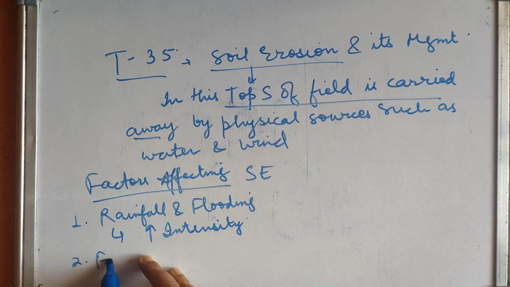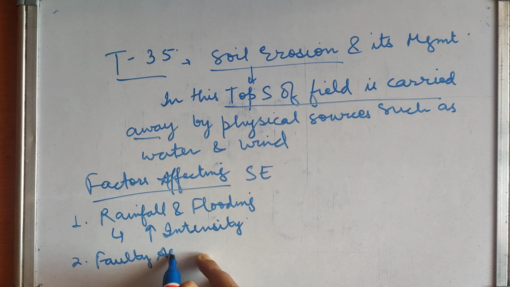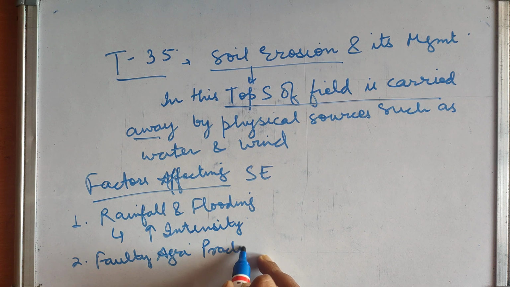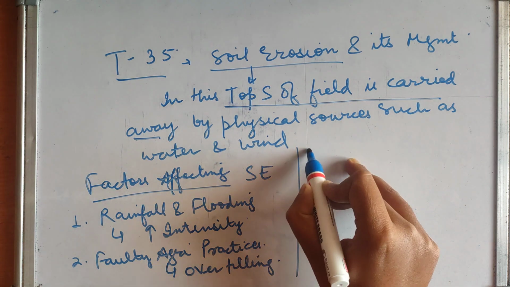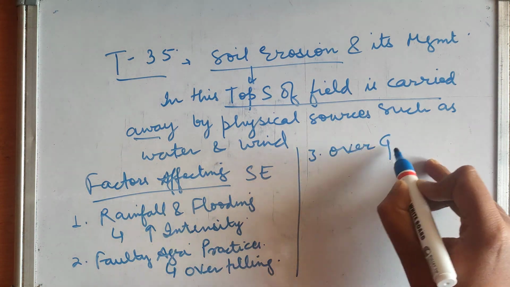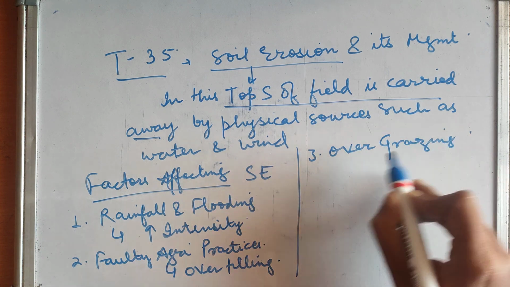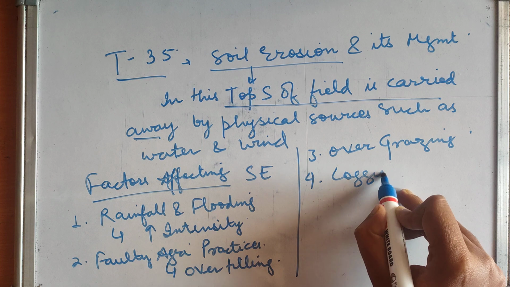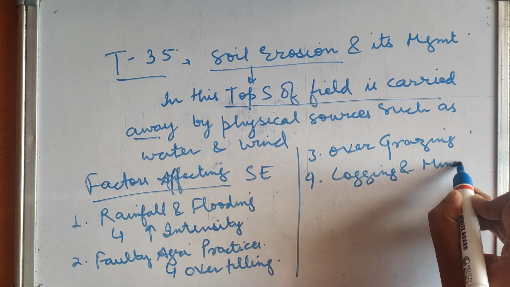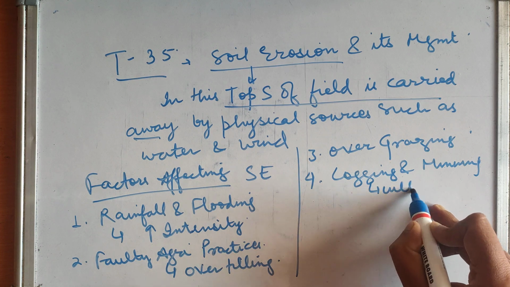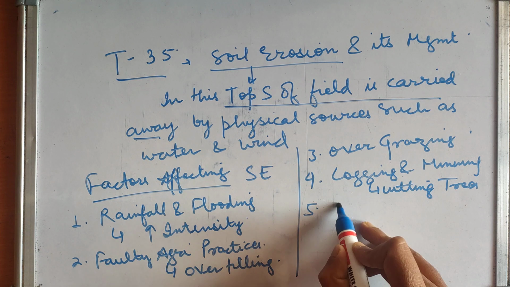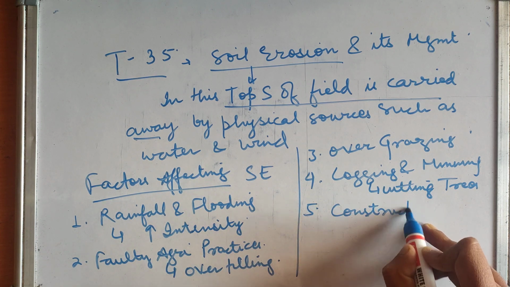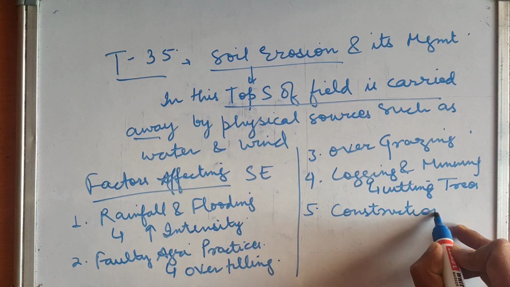Faulty agriculture practices, such as overtillage, overgrazing. Third point, logging and mining. What is logging? Logging means cutting trees. Construction, unsustainable methods of construction.